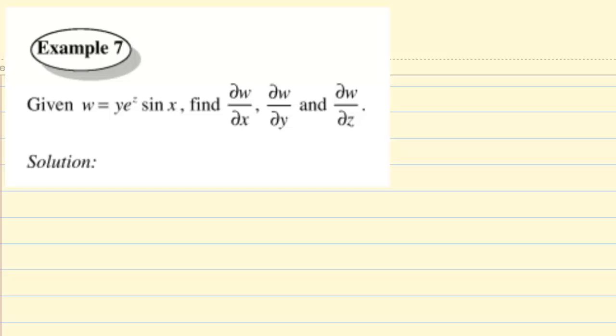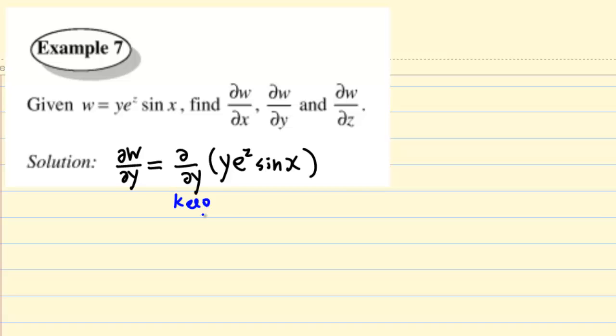Next, we are going to find dw/dy, which means differentiate with respect to y times e power z sine x. When we do partial differentiation with respect to y, we keep x and z constant.